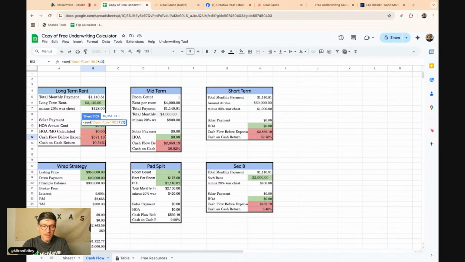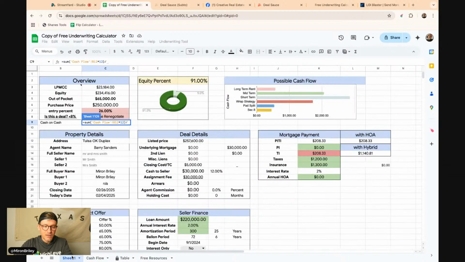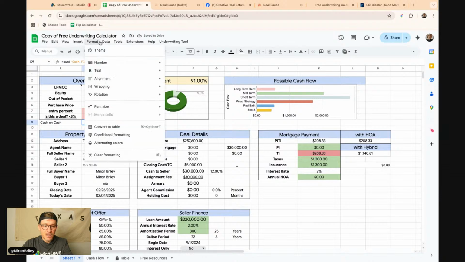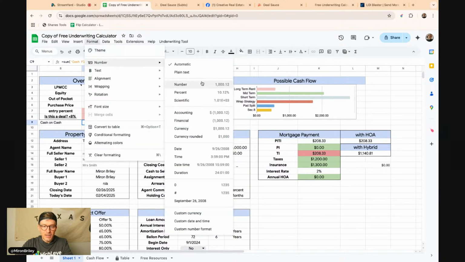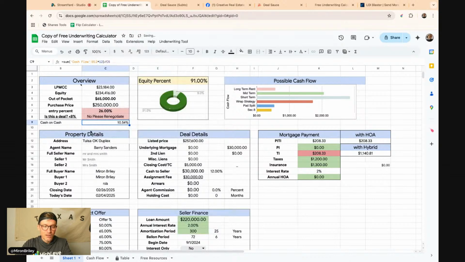I want the cash flow times 12 divided by what I'm putting down, and I'm going to format that as a percentage. There it goes. All right, so that's like a 10% cash on cash.